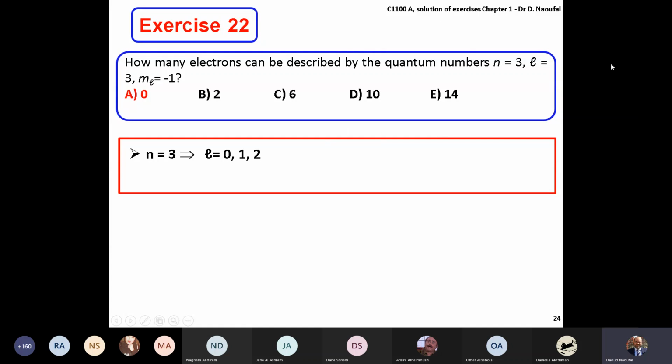In our example, n equals L. This is impossible. So this description of quantum numbers is incorrect. L could not be equal to 3 in this case. So there is no electron having L equal to 3. And the answer, we have 0 electrons. So the correct answer is A.